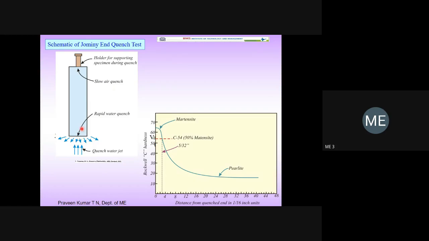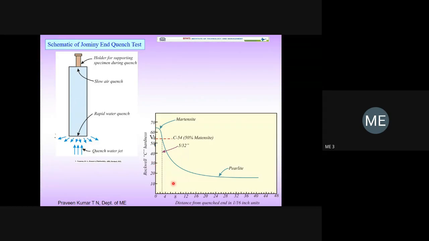There may be loss of heat because of conduction also, but let it be air quenching. So the hardness at the top portion of the specimen is less compared to the bottom, because the bottom is subject to very fast cooling and the top portion is subject to slow cooling.